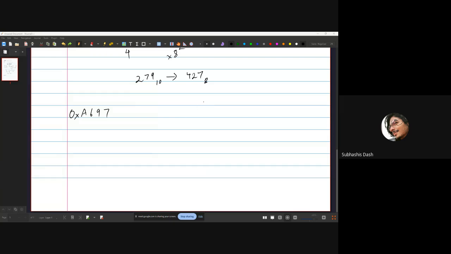Okay, so can anyone tell me what C would be in binary?